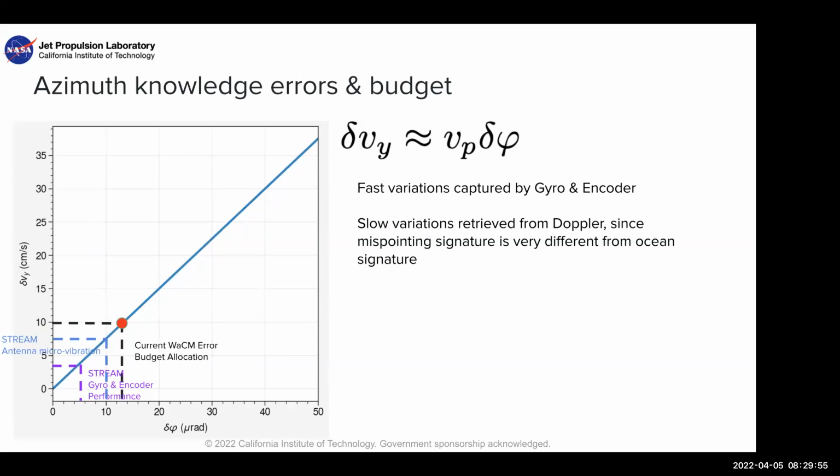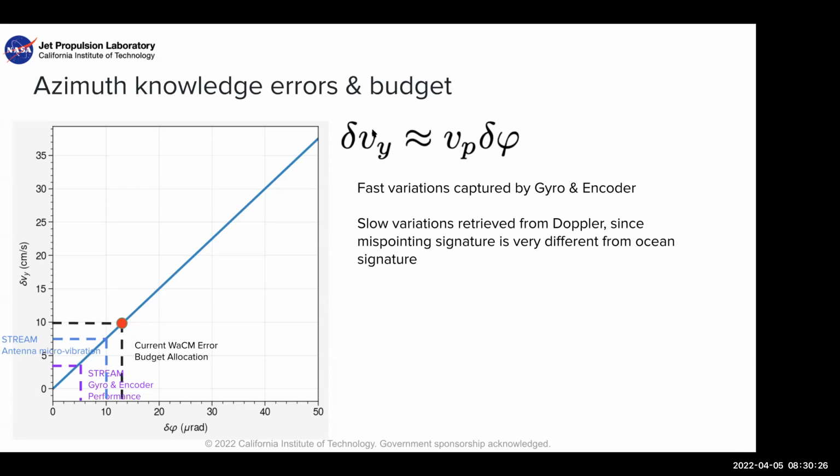The other significant error source is the pointing. If you don't know which way you're pointing, you can't ascribe your velocity to a velocity vector. And so basically, that's linear in the pointing error, and it gets multiplied by the velocity of the platform. In this case, the velocity of the platform is about 7.5 kilometers per second.